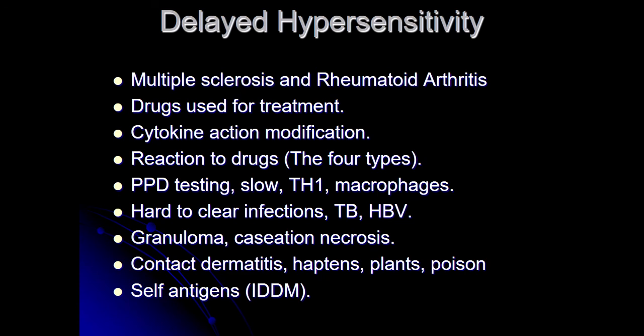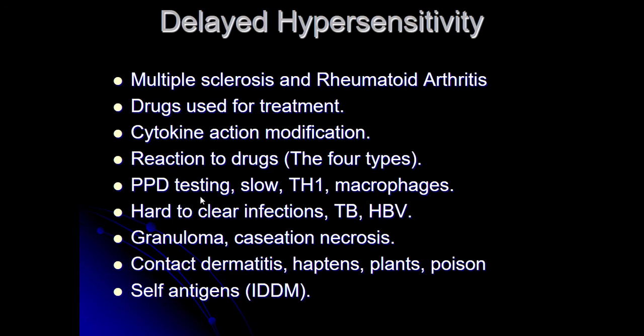And we should know what cytokines are involved in these delayed type hypersensitivity reactions and how those can be modified for the treatment. It is also important to remember the reactions to the drugs that are involved in the 4 different types.